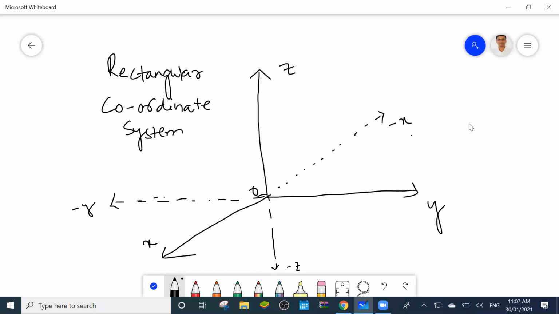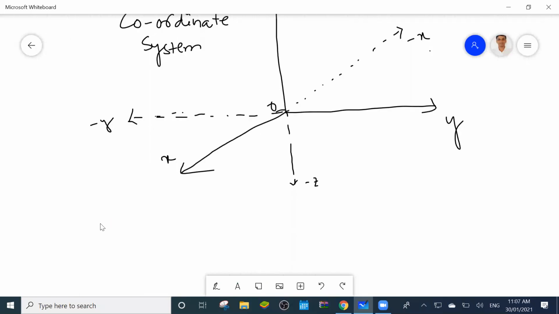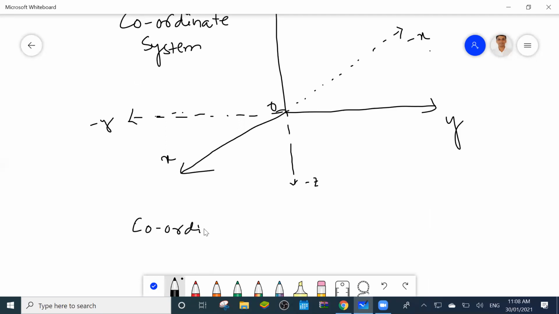So in this case, the coordinates are x, y, z. Now see here, so any point's coordinates are in terms of x, y, z.